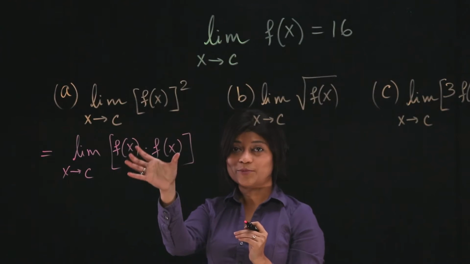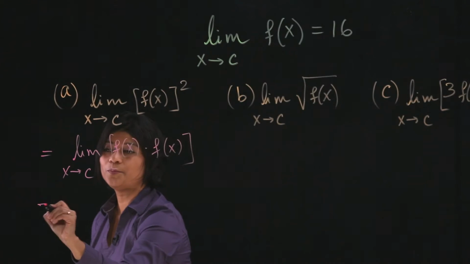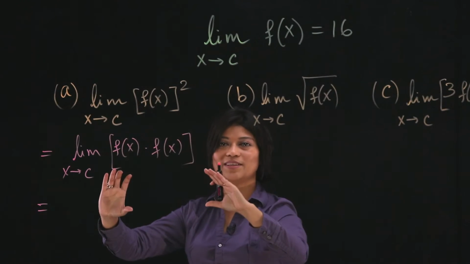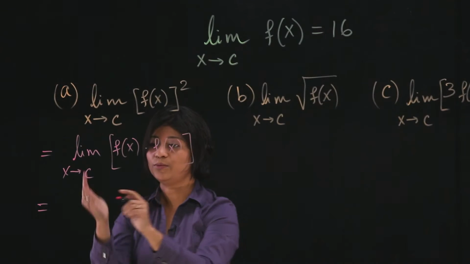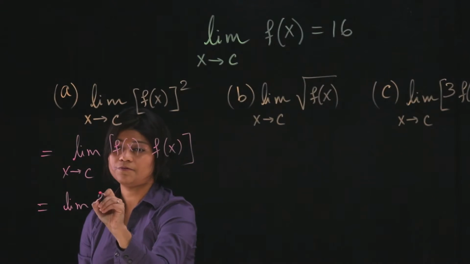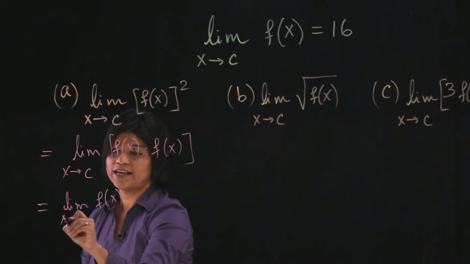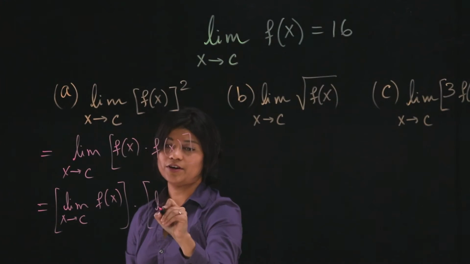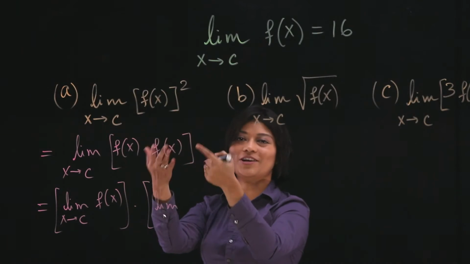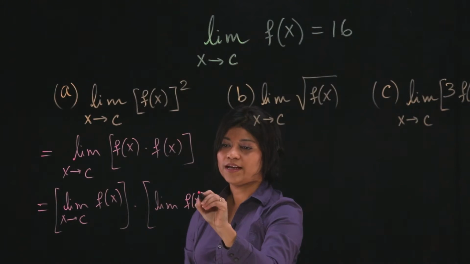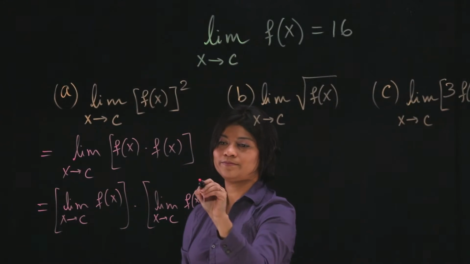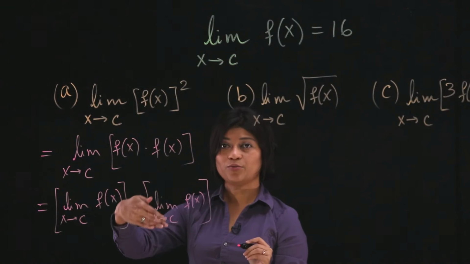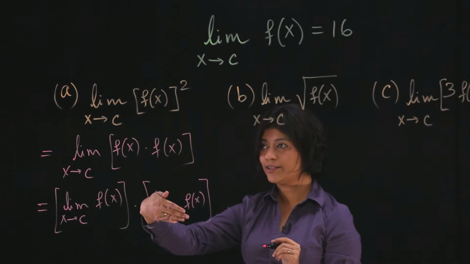You know that the property of limits says that we can break it into two separate limits. So we will evaluate the limit of f as x approaches c and multiply with the limit of the other function, which is also f, as x approaches c. So that's where we applied the property of a limit.